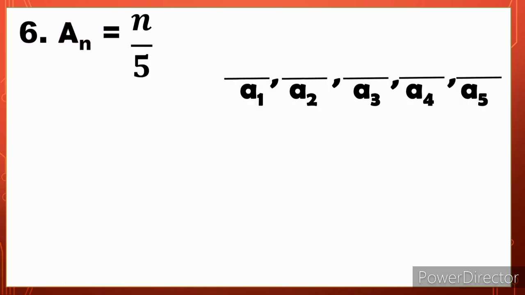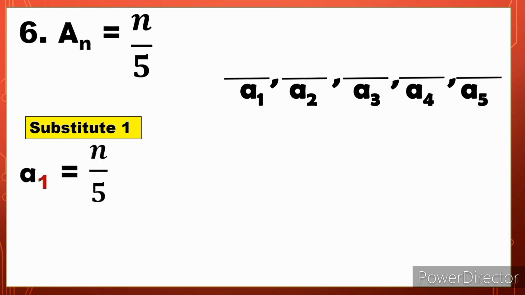Okay, so next, let's have number 6. A sub n equals n over 5. So, find the first term, substitute 1. Now, we have a sub 1 equals n over 5. So, papalitan natin yung n ng 1, so it becomes 1/5. 1/5 is in simplest form, so yan na po yung first term natin, 1/5.